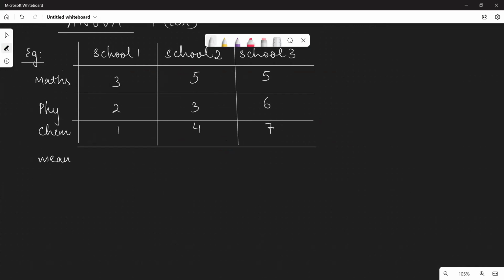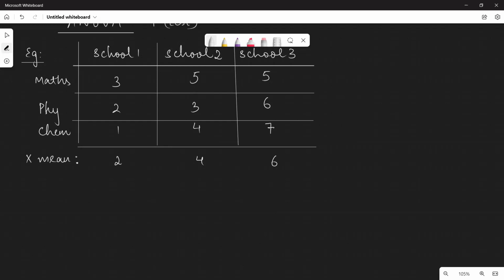The mean value for school 1: 3 plus 2, 5 plus 1, 6, 6 by 3, 2. Then 8 plus 4, 12 by 3, 4. And 5, 6, 11, 11, 7, 18, 18 by 3, 6. So this is the mean value.